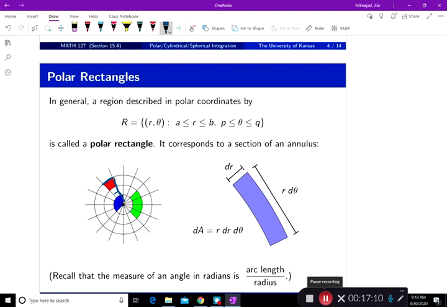So you can assume that as these polar rectangles in the xy plane look like flatter and flatter rectangles, one side is going to be r d theta, the other side is going to be dr. And so this is another explanation that the rescaling factor is going to be r.